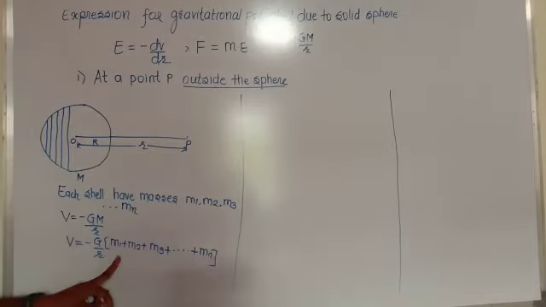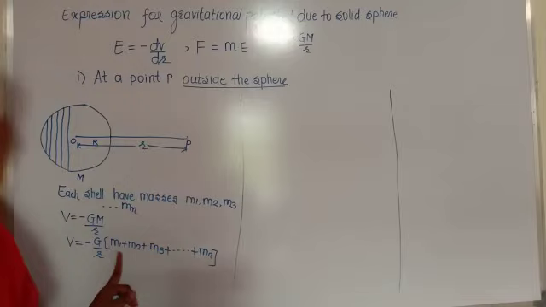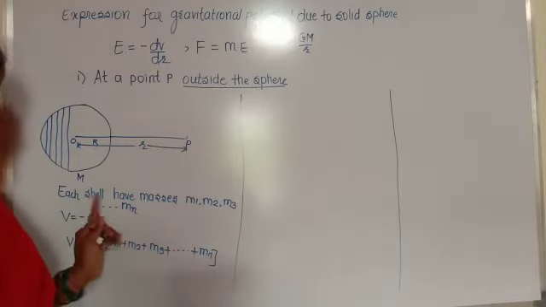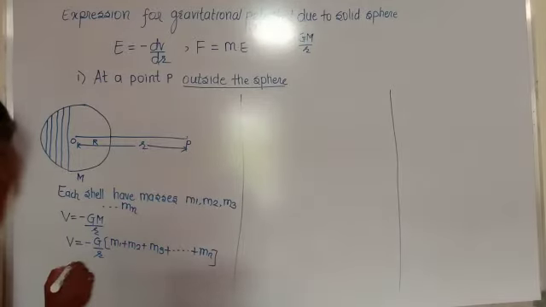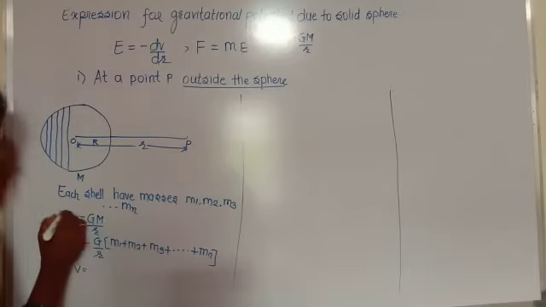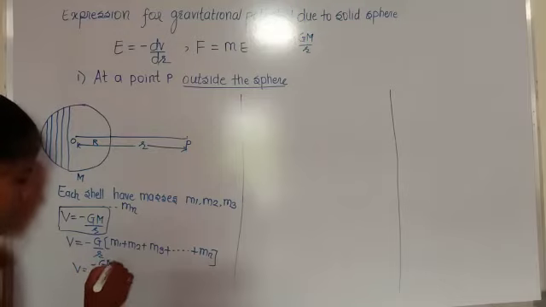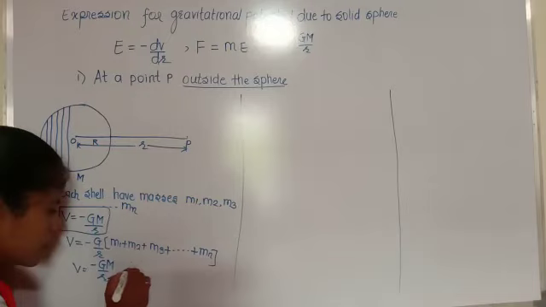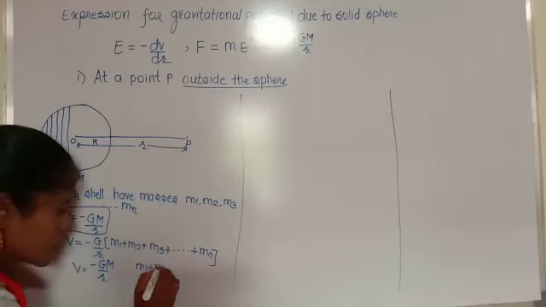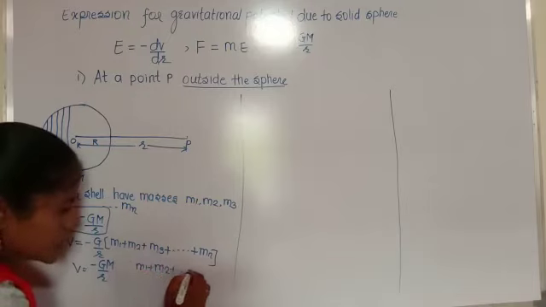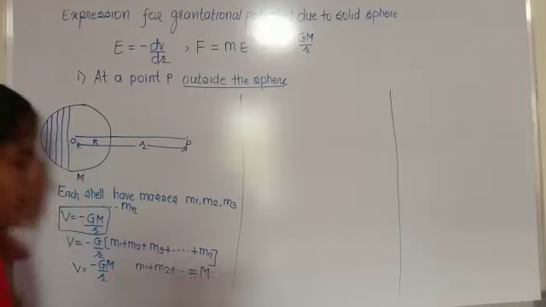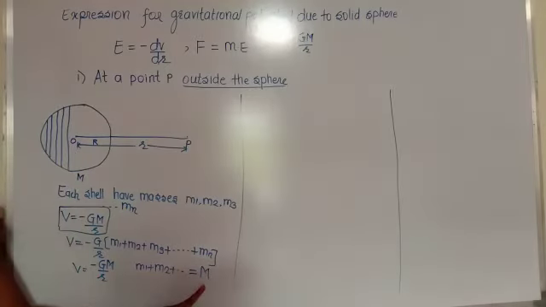These total masses are the sum of all the masses of each shell. So this is the original formula which we use. Therefore, V is equal to minus capital G capital M divided by R, since m1 plus m2 plus dash is equal to capital M, the total mass of the solid sphere.